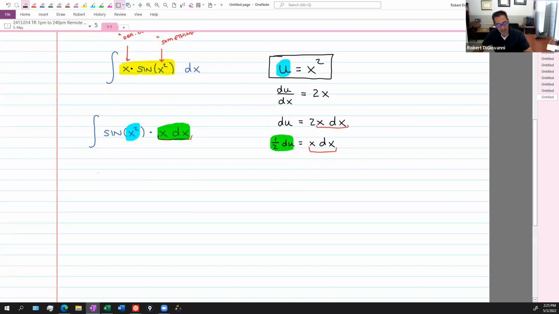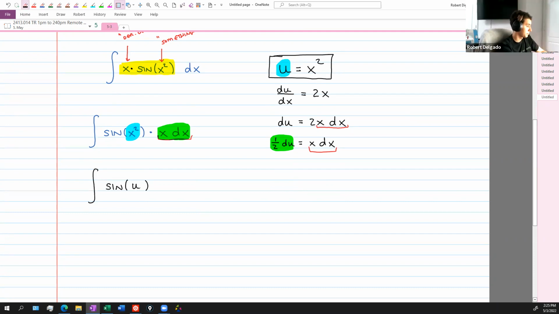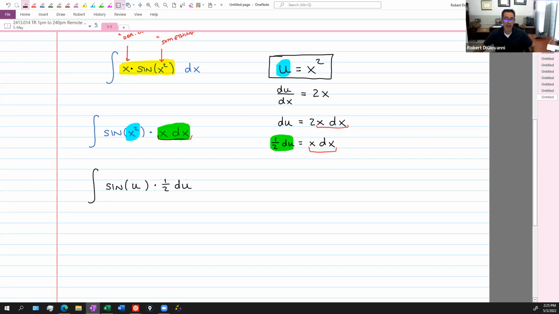If I do that, what will my new integral look like? Antiderivative of sine of what? What's x squared? U. And what is x dx turning into? Half of du. Okay. We're getting somewhere, believe it or not. Watch my next step.